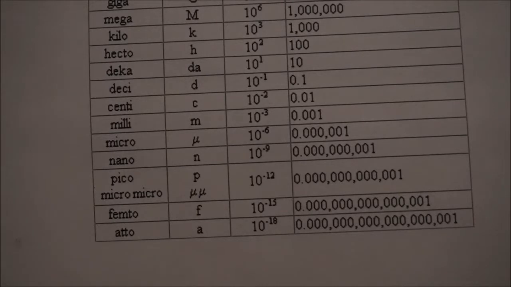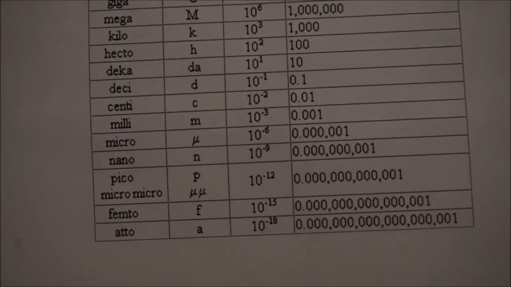It's a base 10 system. So you have exponents of 10, whether it's 10 to the first power, 10 to the negative first power, whatever. Basically, that exponent is how many spaces the decimal point is going to move, forward or backward.